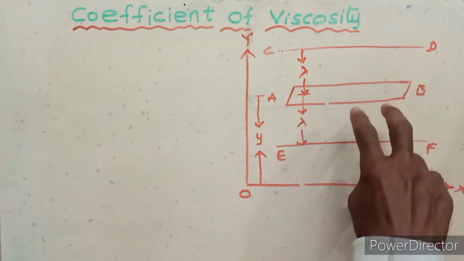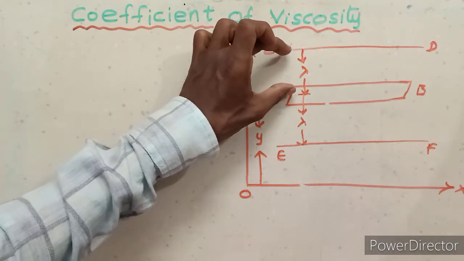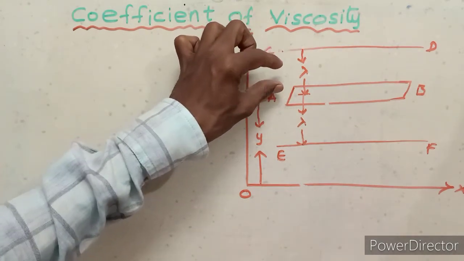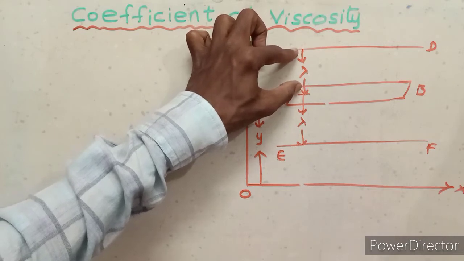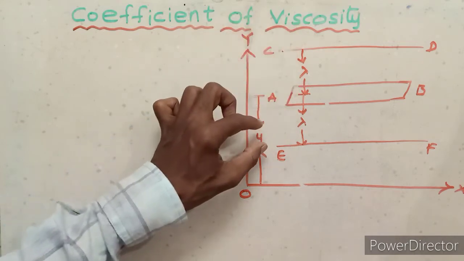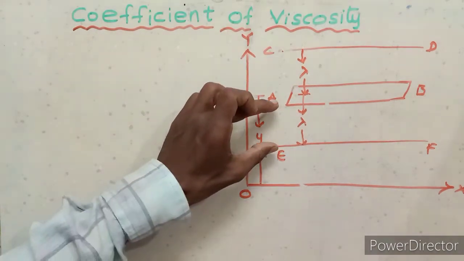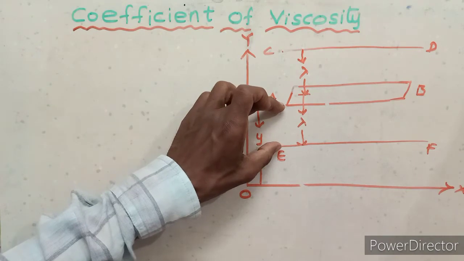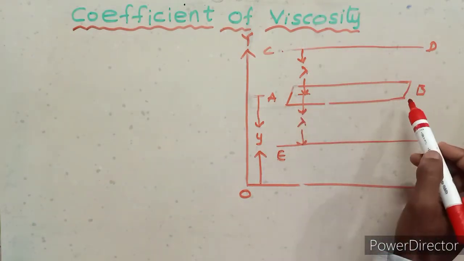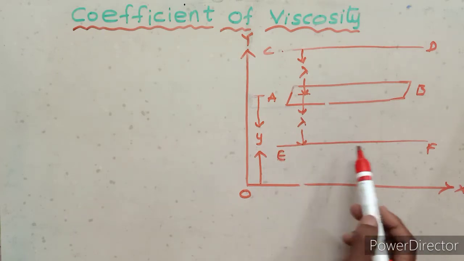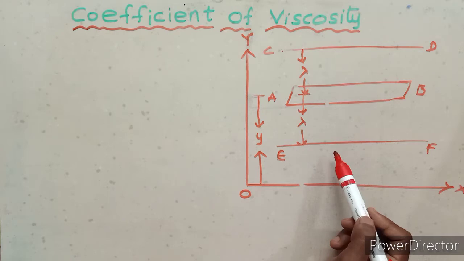So CD layer is situated from AB at a distance of lambda, the mean free path. EF layer is situated from AB at a distance of lambda, the mean free path.